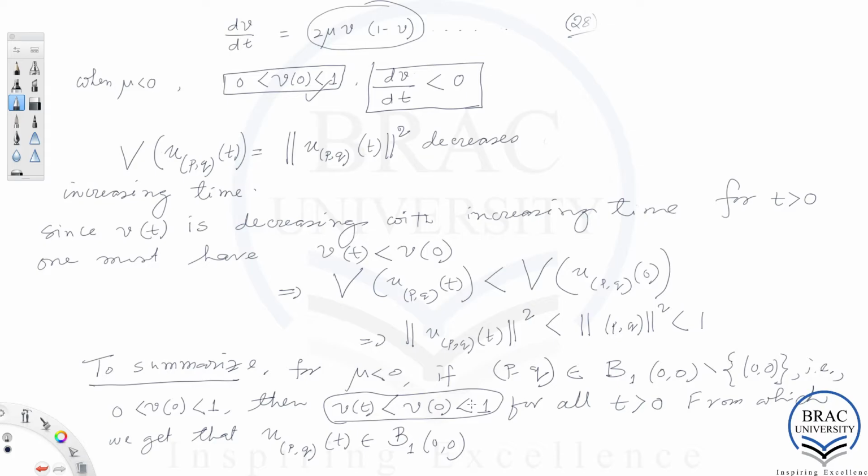So that will belong to this open ball for all t in this maximal interval of existence intersecting with 0 infinity. Okay, so this is going to be our equation number 29. So let me erase this top part.